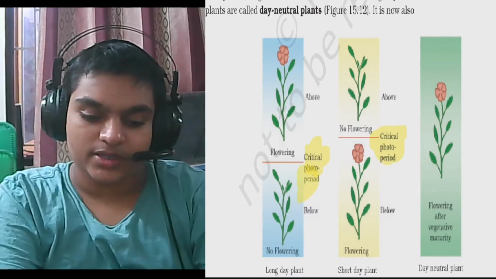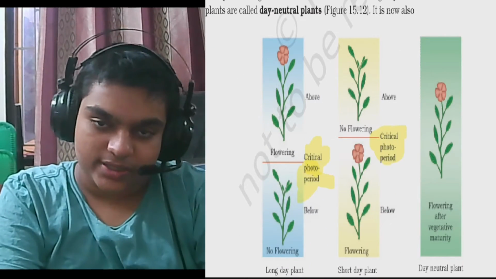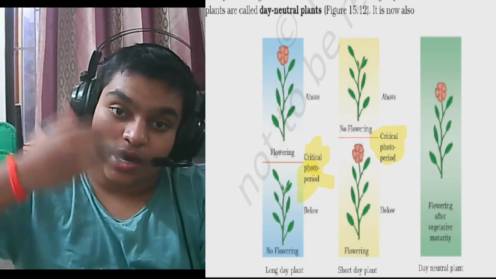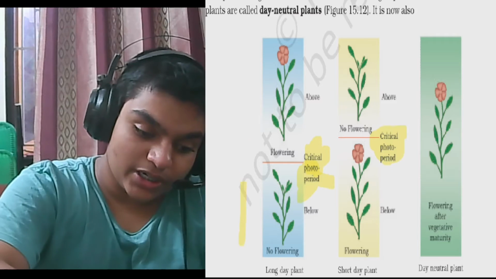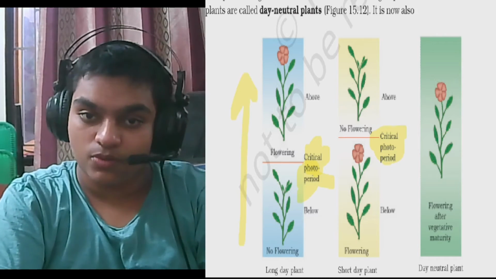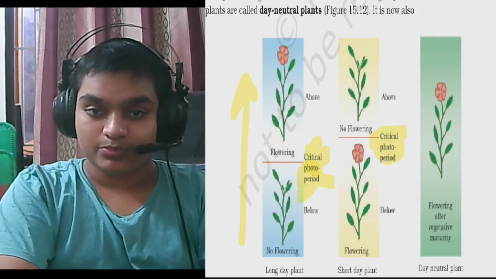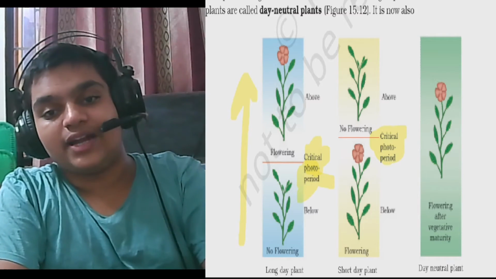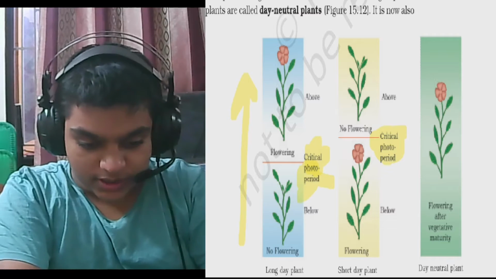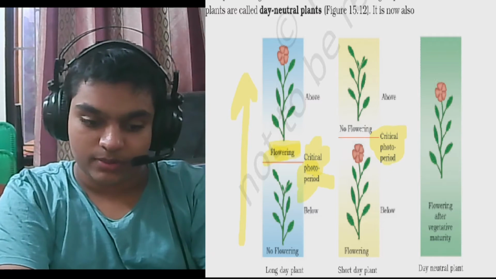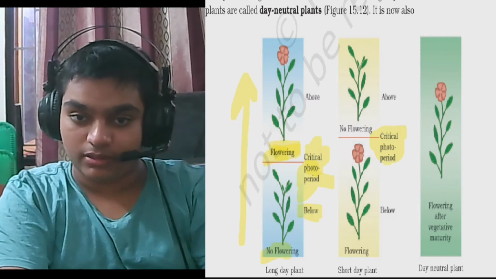If the long day plants are exposed more and more to this critical photoperiod, then these plants flower. Here you can see the plants are flowering above the critical period. Below the critical period, there is no flowering.